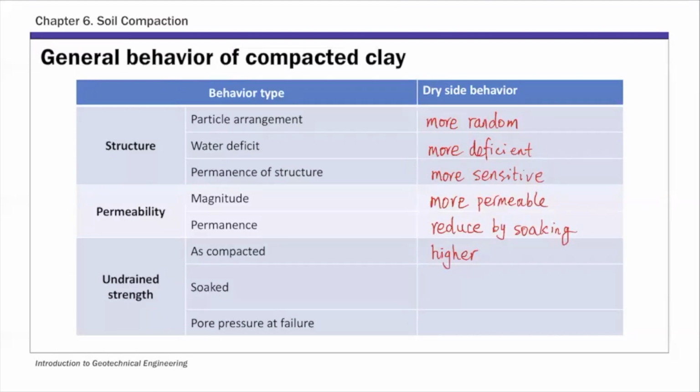If soil is soaked, then the undrained shear strength will be higher if swelling is prevented. And the undrained shear strength will be lower if swelling is permitted. And the pore pressure at failure, if you compact soil on the dry side, is going to be lower.